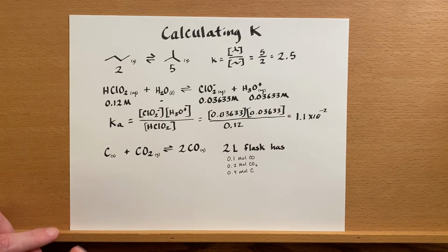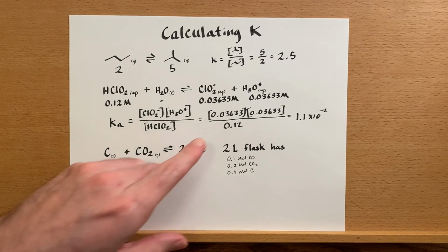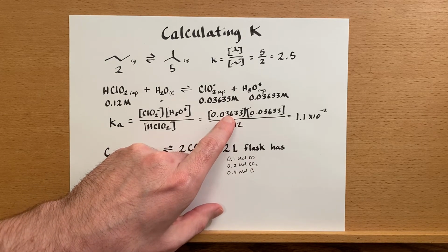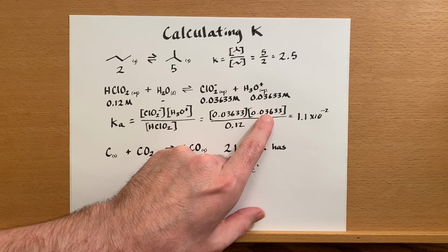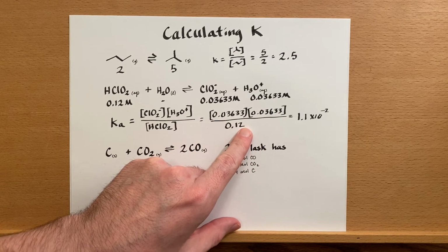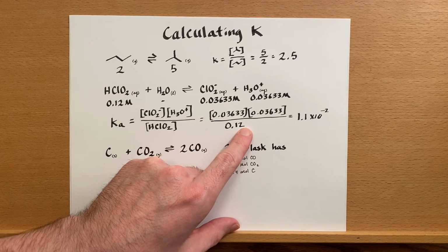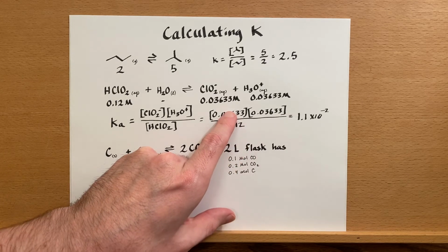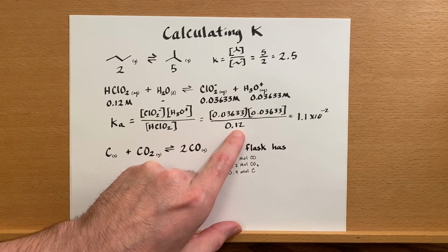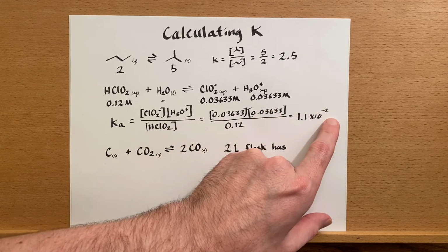Now you may be asking yourself, what are the units of K? And you'll notice that we put in a molarity here, and there, and there. And so if we were to assign a unit to this, you may think, well, there's a molarity divided by another molarity, but there's another one there, so that's in units of molar.